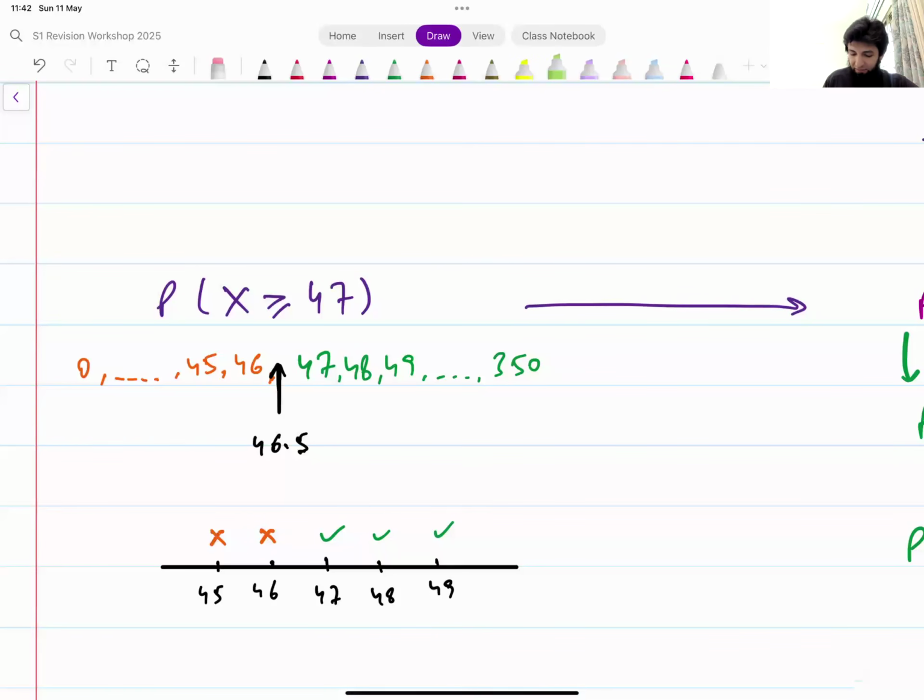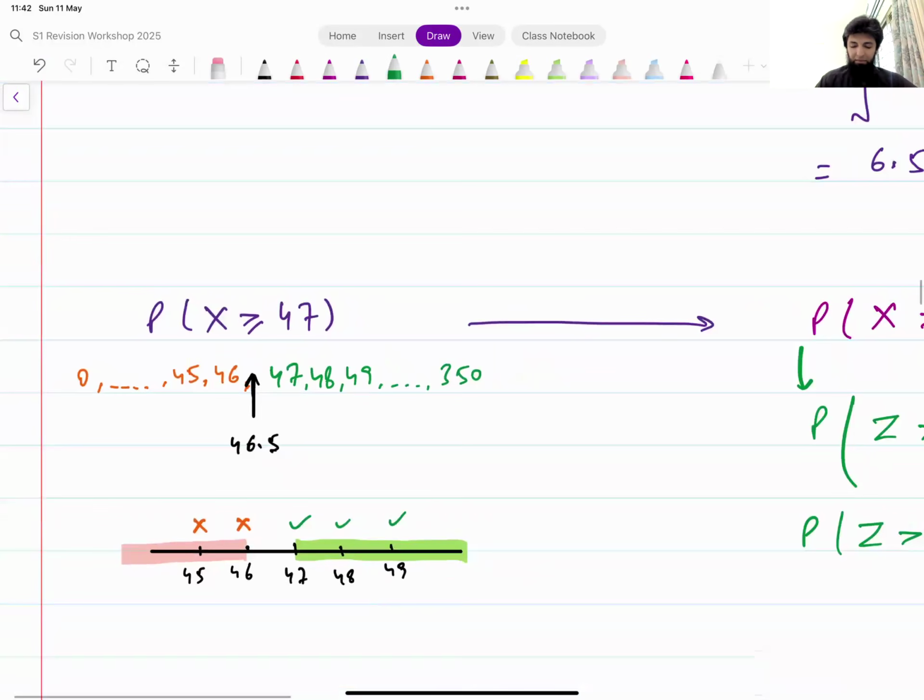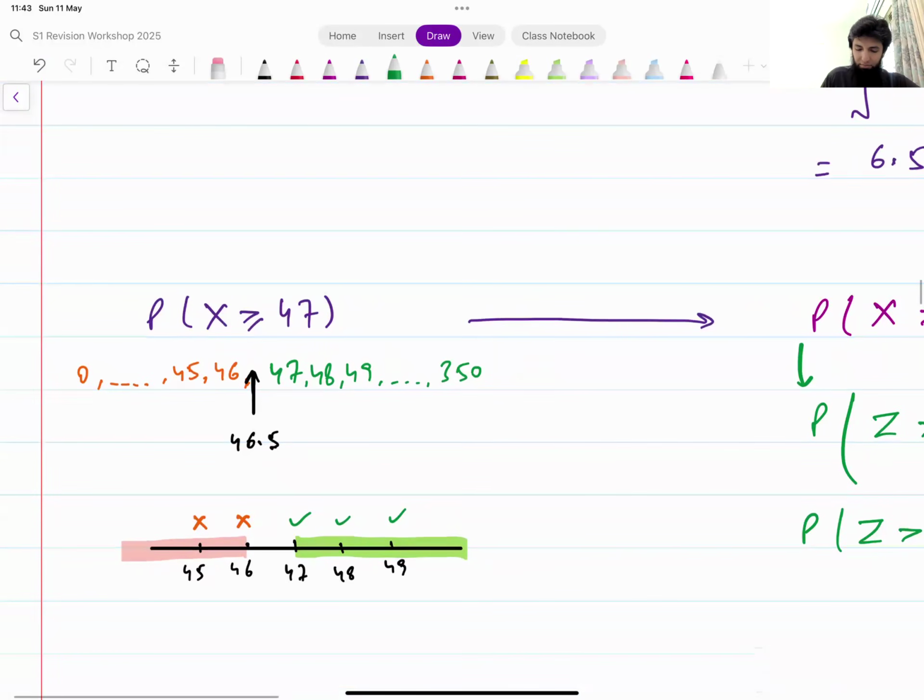So we consider all the values to the right of 47, and we're not going to consider values to the left of 46. And for discrete distributions, that's perfectly okay. There's no problem with that, because there are no decimal values that can exist here, right? So we just consider the region to the right of 47, not the region to the left of 46.